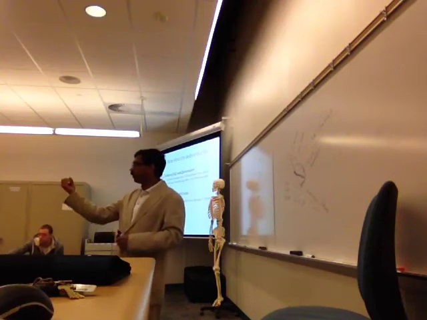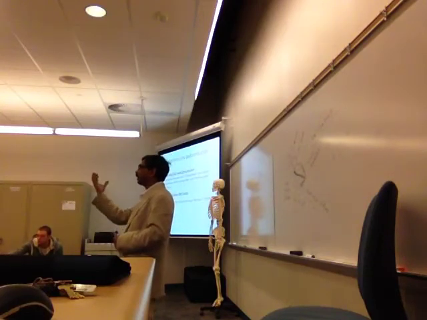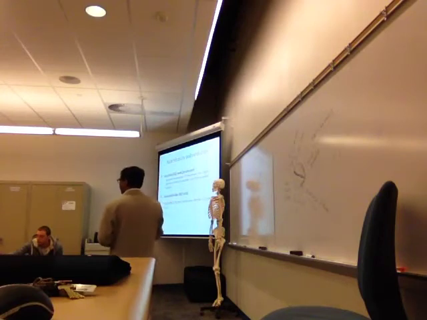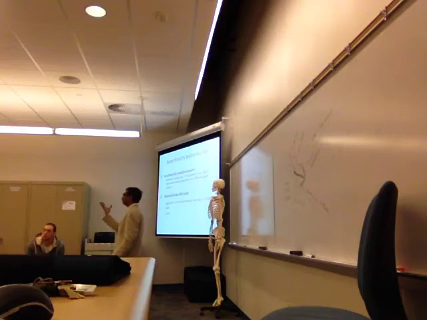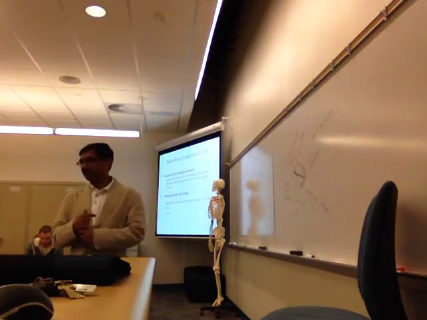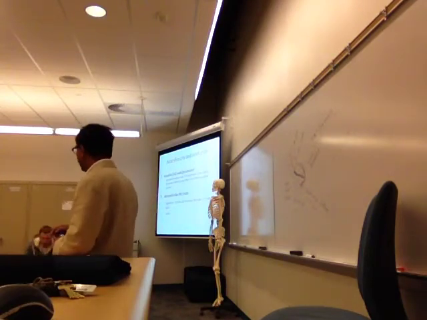SA node produces electrical impulse at a rate of normal heart rate. If your heart rate is 70, that means your SA node is producing 70 impulses in each minute. Make sense? Every time your SA node will produce electrical impulse, your heart will contract. Okay? So SA node is giving the normal heart rate or heartbeat. That's the pacemaker of the heart.